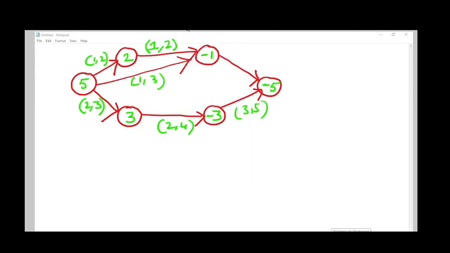So this entity, let's say this one, this 1, 2 in between this tuple, this is called cost and this is called capacity.